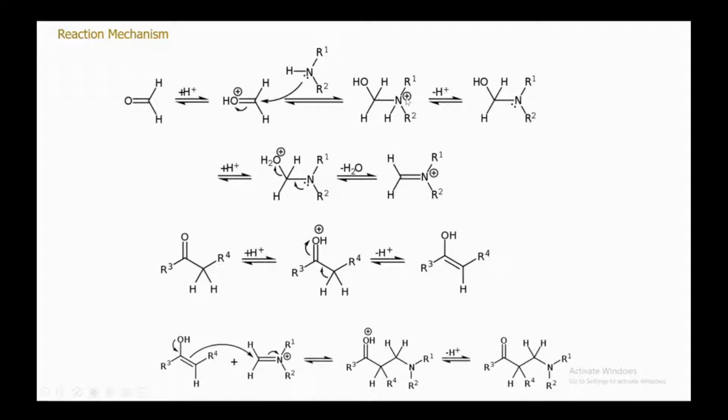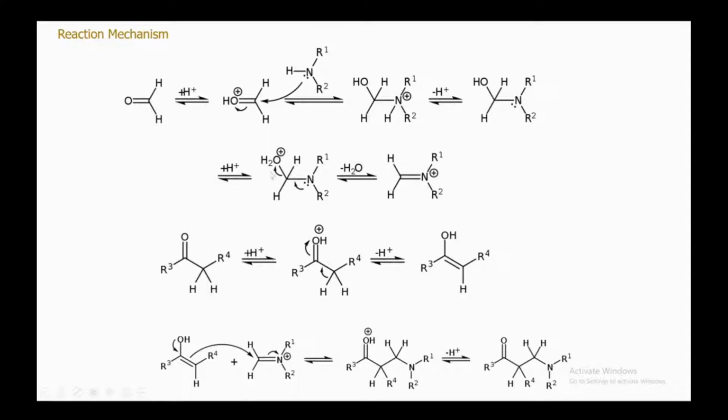As we can see, nitrogen in this case has formed 4 bonds, that's why it carries a positive charge. Furthermore, it will lose one more proton. The nitrogen will lose a proton, deprotonation, and it will become neutral. Now you have an amino alcohol.